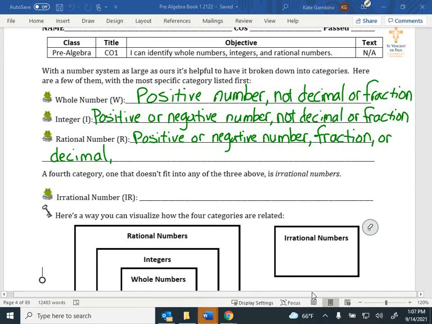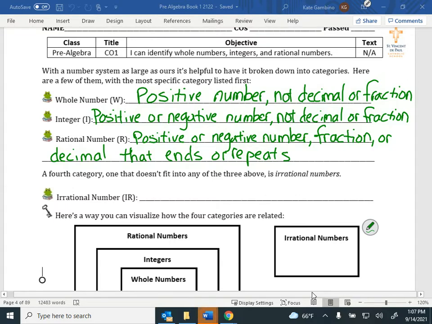So the decimal has to either end or repeat. So if it is a decimal that keeps going on and on and on, it would not be a rational number. It has to have an ending point, or it has to be a repeating decimal.